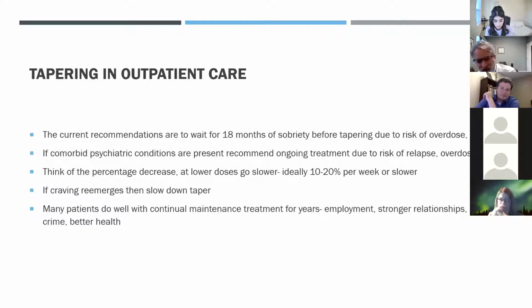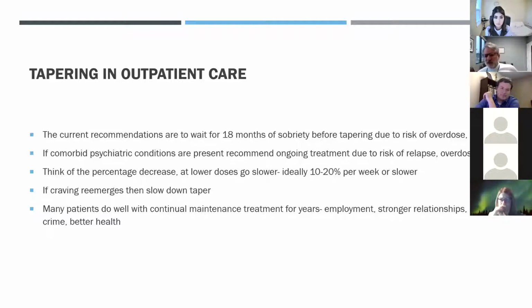All right, so what about tapering people off of Suboxone? The most recent article I read was in the American Journal of Psychiatry, and the study had a very large N. I don't have the exact data on the study, but they said that 18 months of sobriety is the recommended point at which you would think about tapering somebody off of Suboxone.